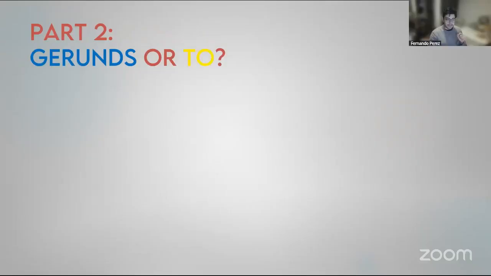We use the connector to to connect two verbs, no? For example, if you want to say in English, quiero comer pizza, how do you say that in English? I want to eat. Exactly. Everybody agrees, no? I want to eat pizza. You need a connector to when you connect two verbs. This is the standard.